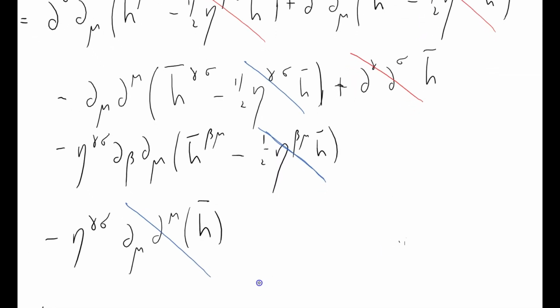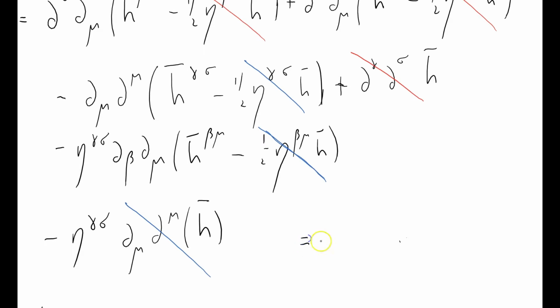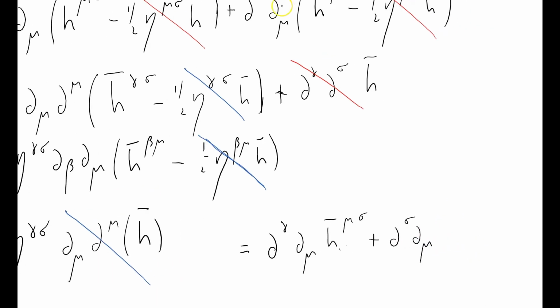Let me zoom in a little bit. We've got ∂γ ∂μ from up here, h bar μσ, plus ∂σ ∂μ. All the trace terms have gone.